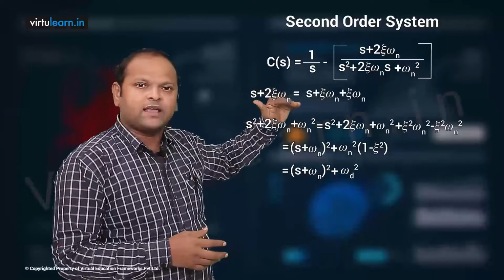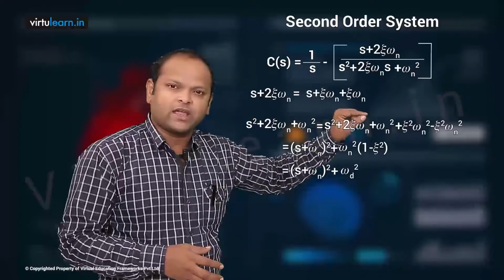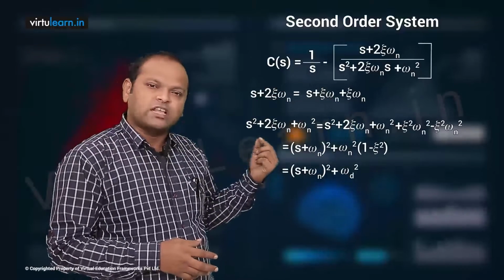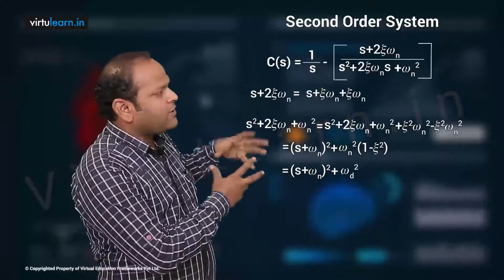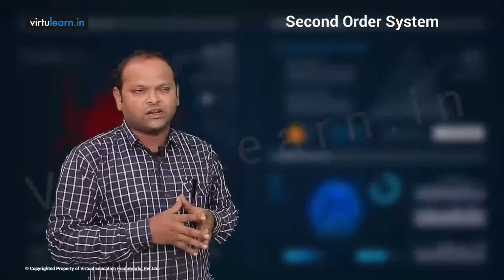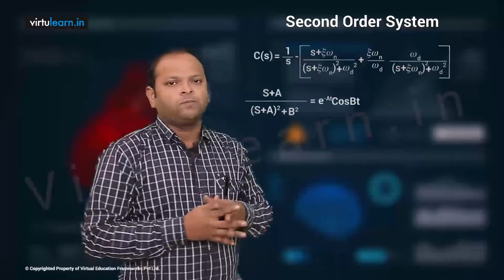The numerator we know is s plus zeta omega n plus zeta omega n. The denominator is s plus zeta omega n whole square plus omega d square. So if you replace these things, your C of s expression looks like this.